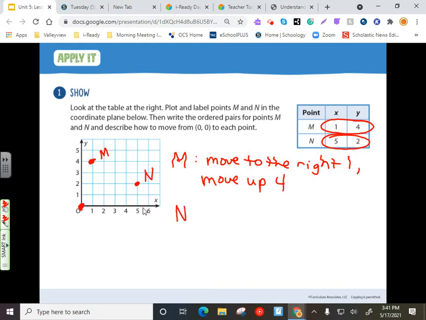For N, we're going to move to the right 5, and then move up 2. Again, those are the instructions for how to locate each of these points from 0, 0, or the origin.